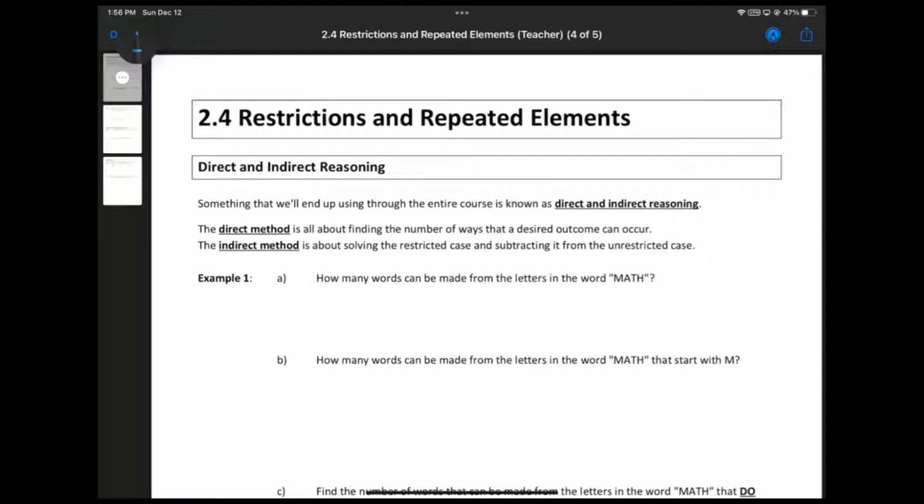If my class was 15 girls and 15 guys, direct versus indirect makes no difference. If there was two of one gender and everyone else was different, then it definitely will make a difference in how much easier it is to do the problem. And there could be many more significant problems where we're looking at big restrictions and one method will be better than the other. But let's jump into an example here and see how they work, and we'll worry about which one's better or worse afterwards.